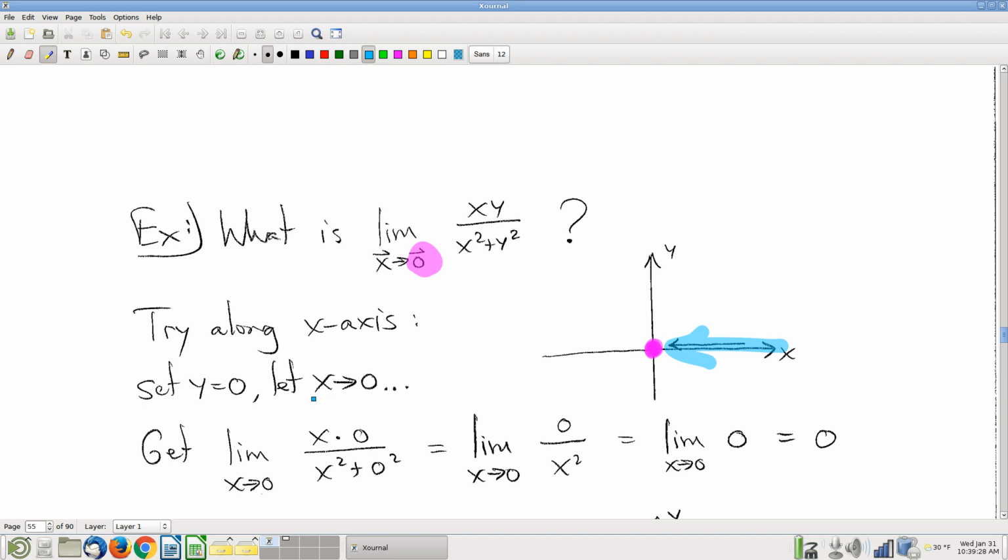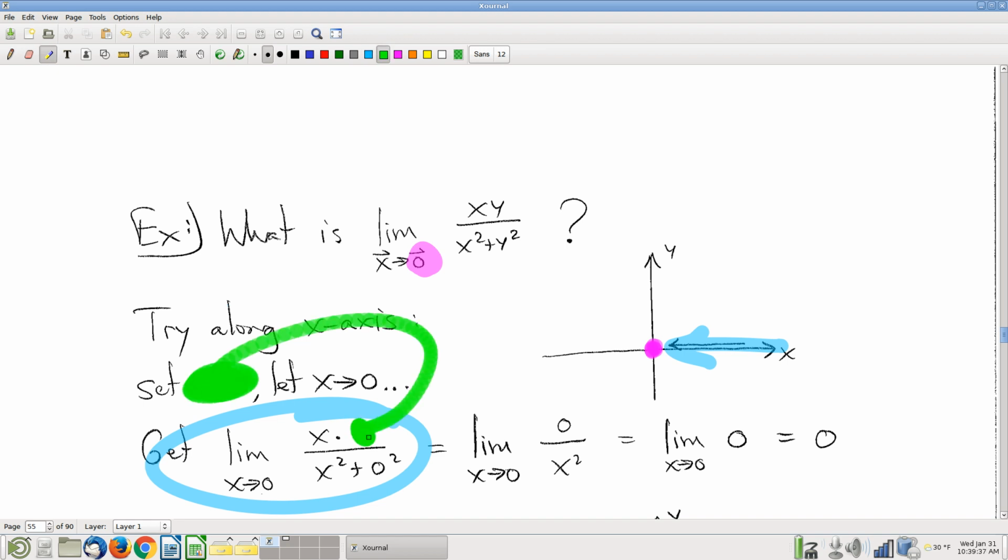Here's that y equals 0. x is approaching 0. So I no longer have to say multivariable limit as this vector approaches that vector.